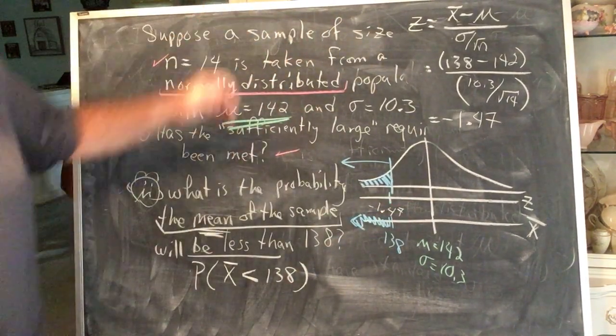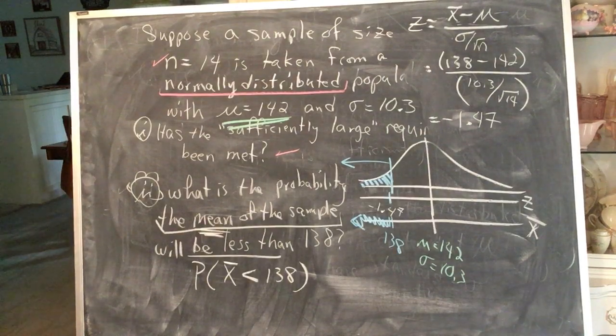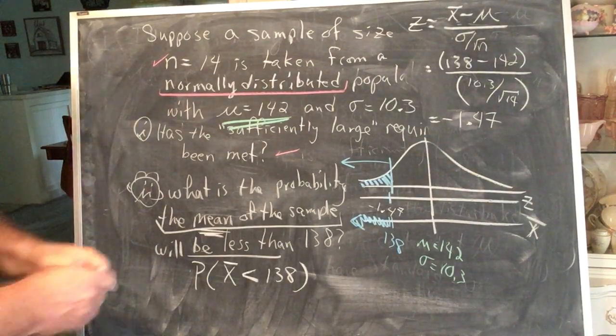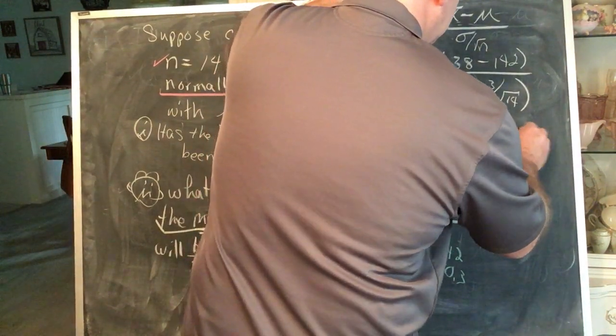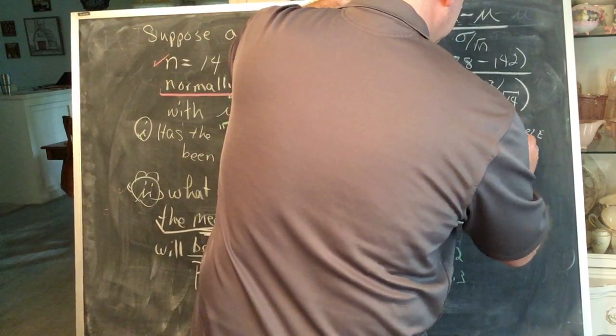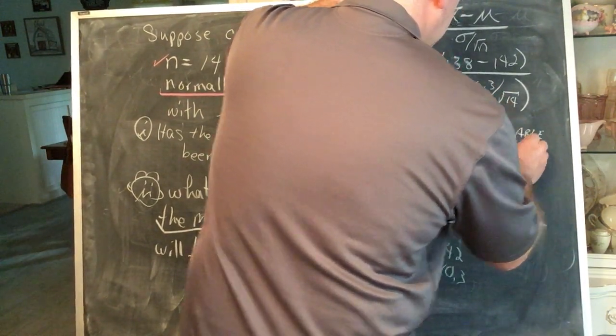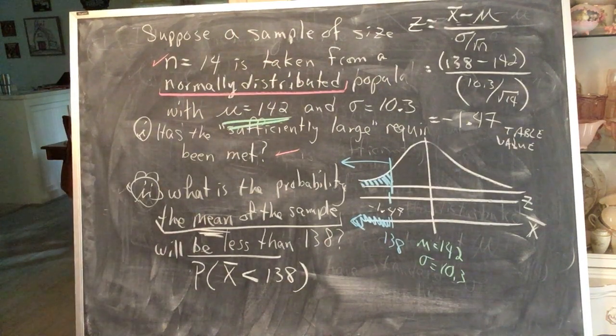And then this is the same as always: we need the table value. I have negative 1.4. I'm going to enter from the right-hand side of the table, since this is so expertly designed.